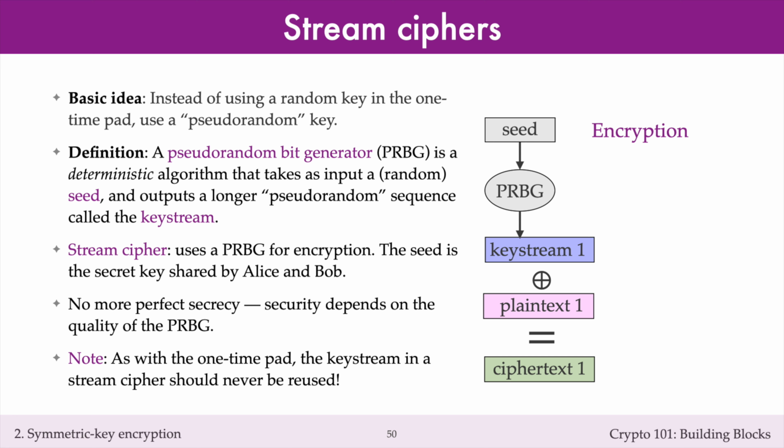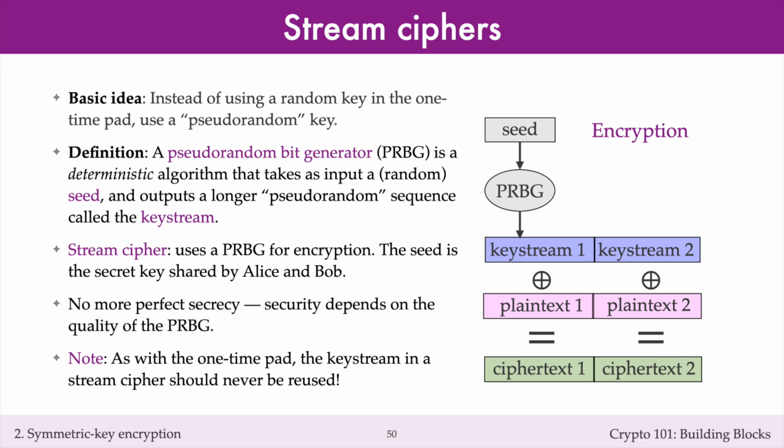Rather, she needs to continue to generate keystream from the point she left off after encrypting the first message. And so she generates a second piece of keystream and adds it to the plaintext to get the second ciphertext. So Alice and Bob need to keep track of which portion of keystream was used to generate a particular ciphertext. Ensuring that a portion of keystream is never reused can be problematic in practice.